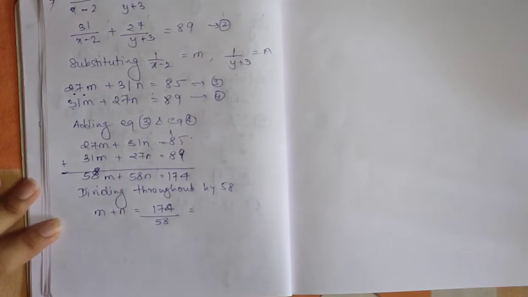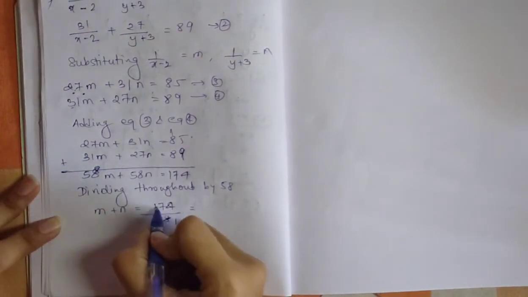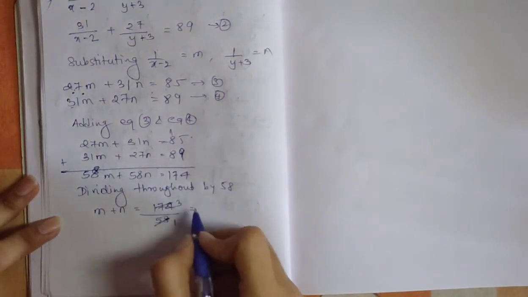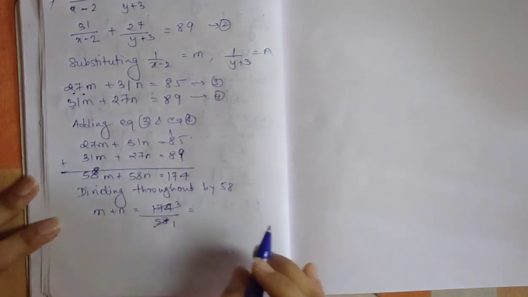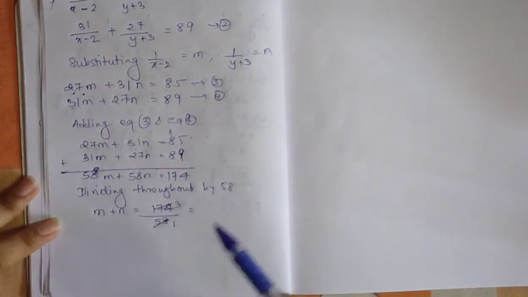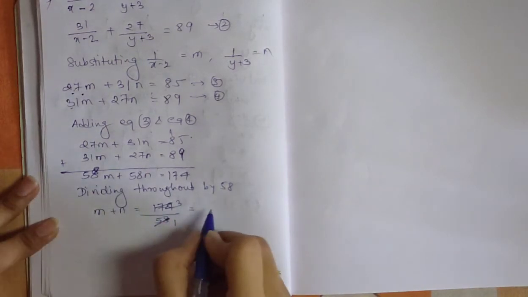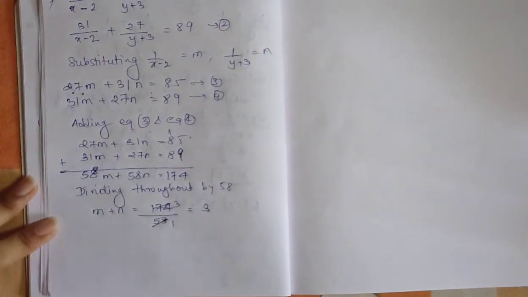So what will be my answer for this? 58 threes are 174. You can do this by calculating or dividing it by 2, then 4, whatever you want. But now I have done it directly because I know it. m plus n is equal to 3 now. Now this is what I have got.